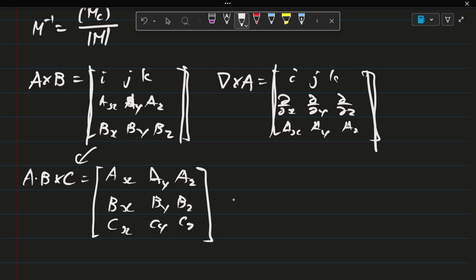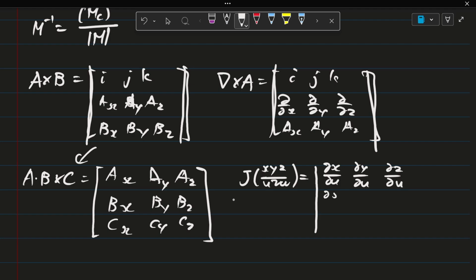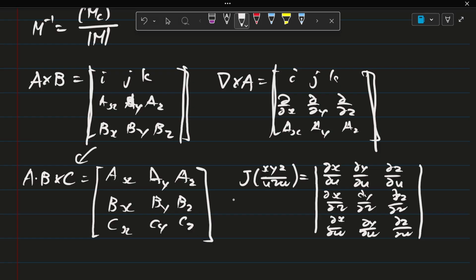So the way that we could define the Jacobian for xyz over uvw is just going to be the cross product of all of the scaling factors, which turns out to be partial x over partial u, partial y over partial u, partial z over partial u, partial x over partial v, partial y over partial v, partial z over partial v, partial x over partial w, partial y over partial w, and partial z over partial w. You just take this determinant and you would get the Jacobian.